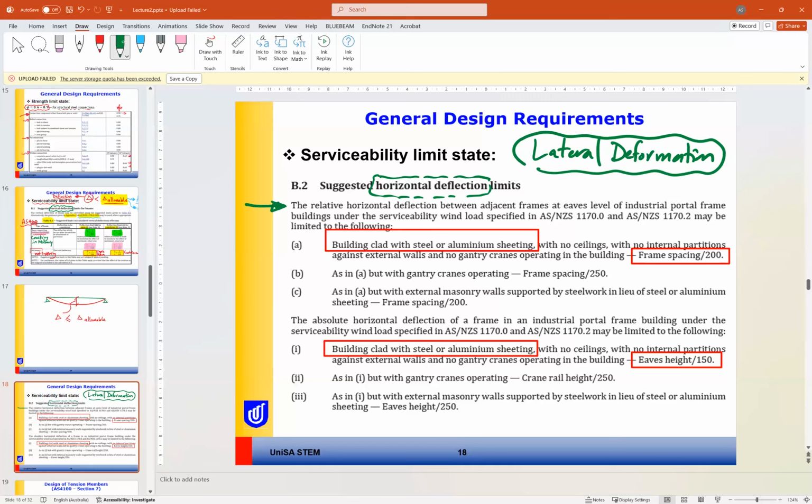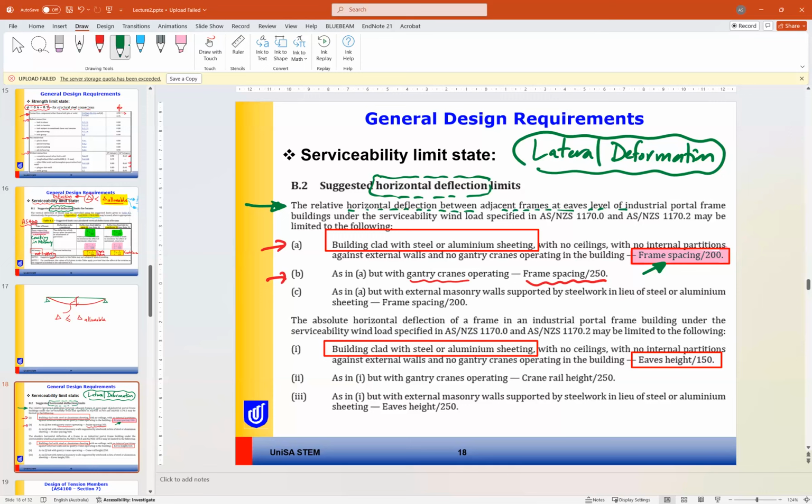The first one is the relative horizontal deflection between adjacent frames at each level, which should be frame spacing over 200. And if the frame is carrying gantry cranes, it is span over 250. Okay, so these are the two main cases here.